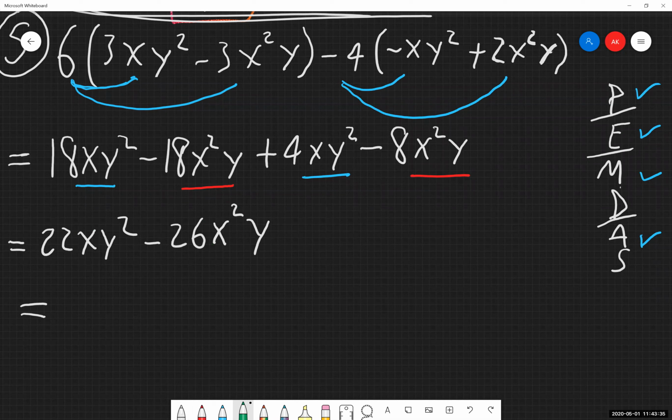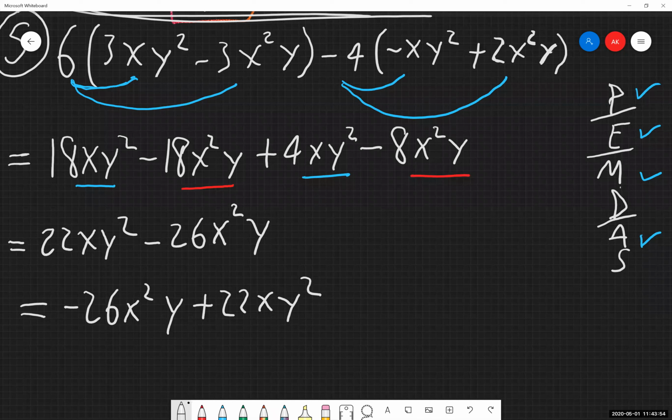So I'm just going to be rearranging my final answer here. That's all I'm doing. I'm saying the x squared is going to go first, and the y squared is going to follow it. So alphabetical order, and then by descending powers in that alphabetical order.